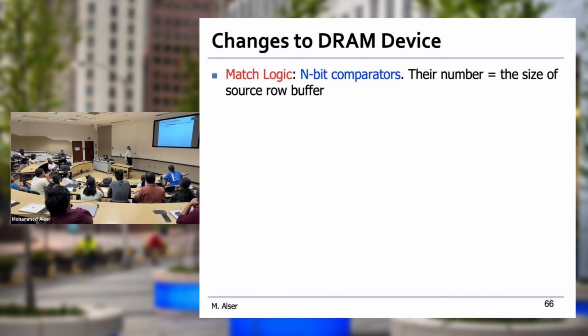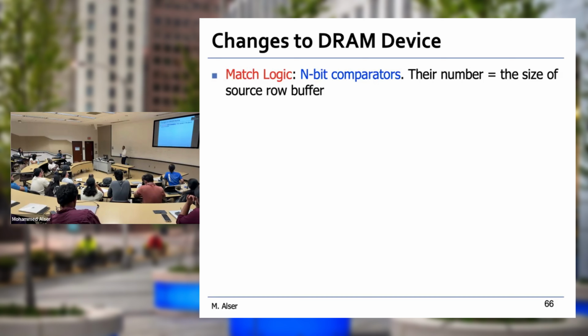Now we need comparators equivalent to the length of the row, or the number of rows. It could also be equivalent to the length of the vector coming from the user, because at the end of the day, how many times we need to compare is the number of elements in the input vector.